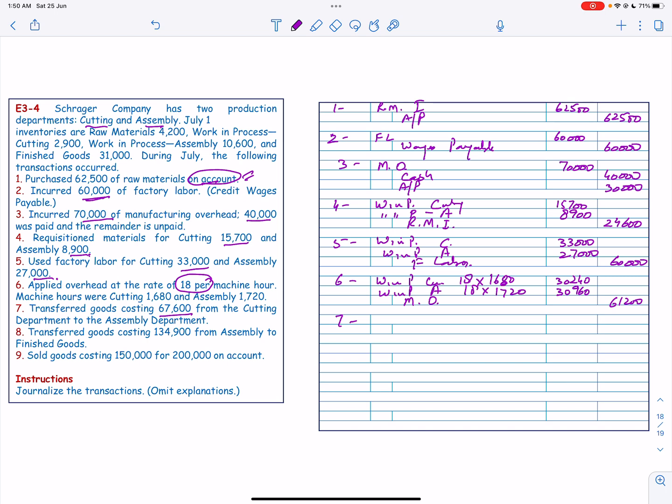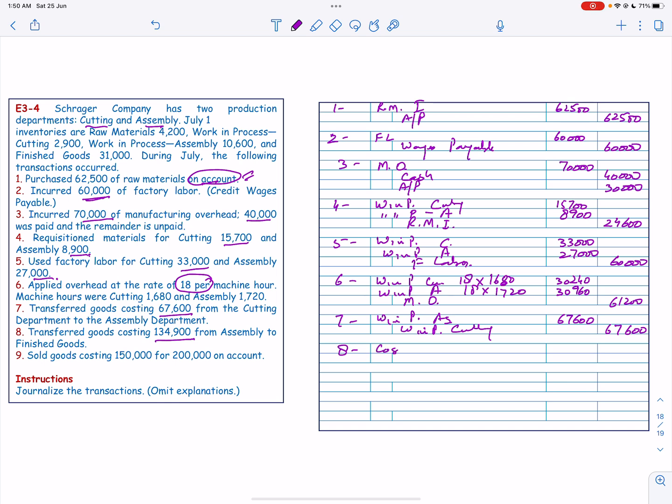So work in process assembly is debit by 67,600 and work in process cutting is credited by 67,600. We move on to number 8, transferred goods costing 134,900 from assembly to finished goods.